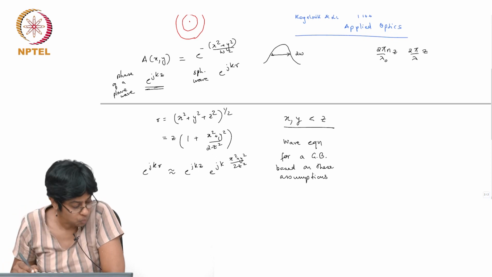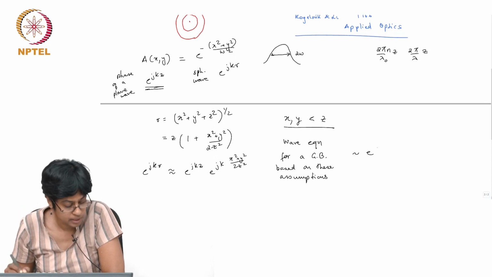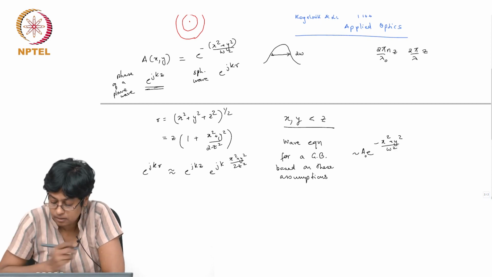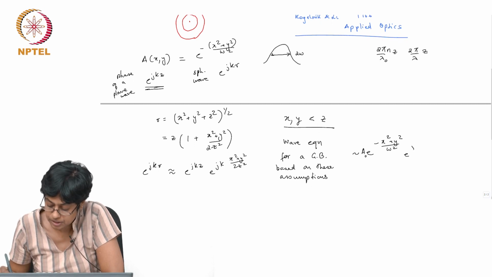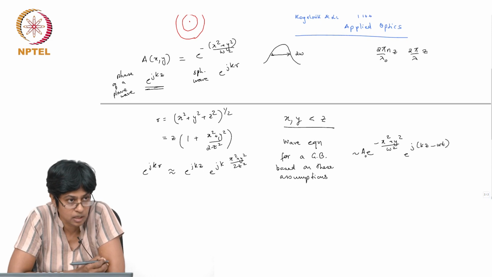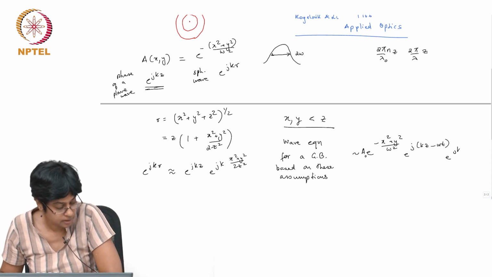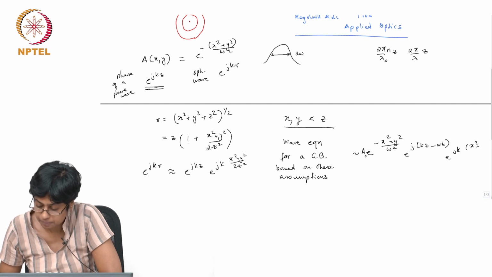So maybe there is some a naught e power minus x squared plus y squared by omega squared, and e power j k z minus, I'm taking the time into account, and e power jk times x squared plus y squared by 2 z squared.